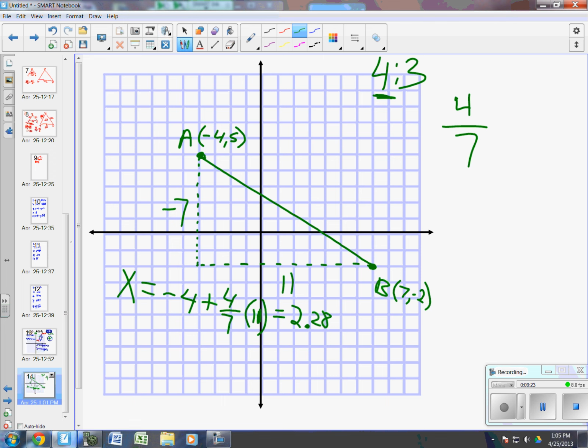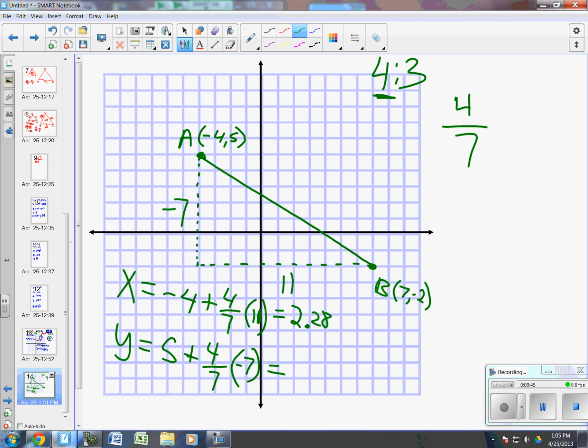All right. Then Y, what am I going to write for Y, you guys? 5. Why 5? Because it's the Y coordinate of A, right? Plus what? 4/7 of the rise, which is -7.